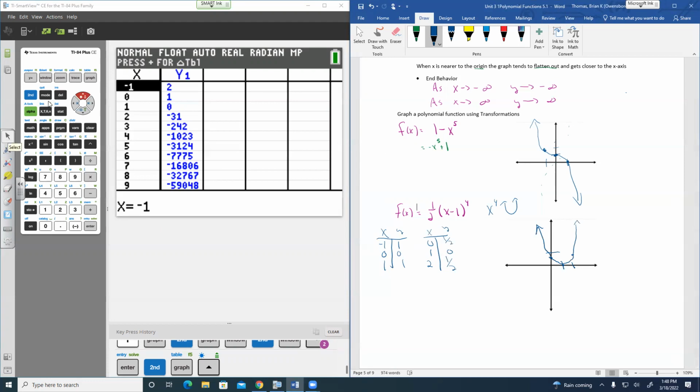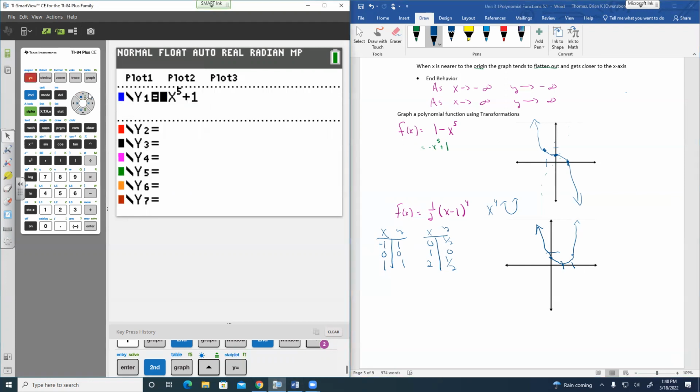So if I type in this graph here, we have y equals, if I clear that off and type in, again, I can put that in parentheses, 1 divided by 2 for 1/2. And then in parentheses, I have x minus 1, and that's raised to the 4th power.